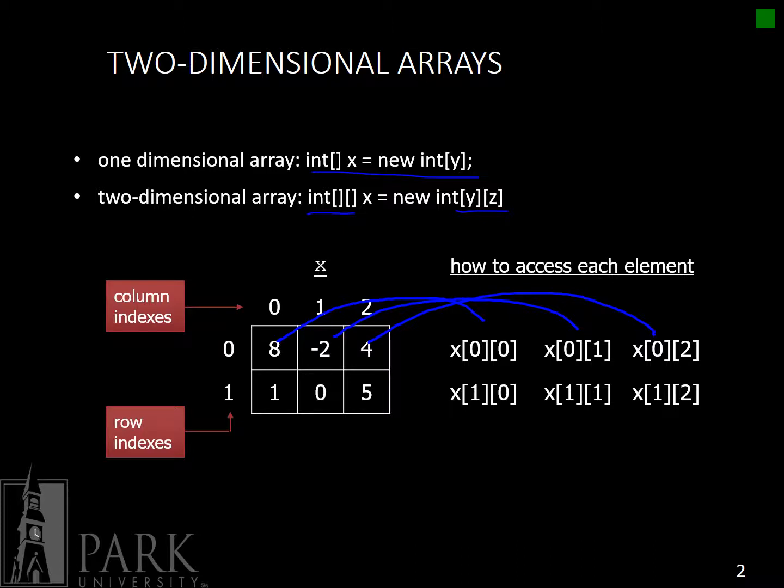Likewise, this 1, 0 is going to be this position, 1, 1 is going to be here, and 1, 2 is going to be here. So the two positionings correspond to each other. It can get a little complicated, but it's really not. If you just think about it as rows and then the columns, it's easy to figure out.